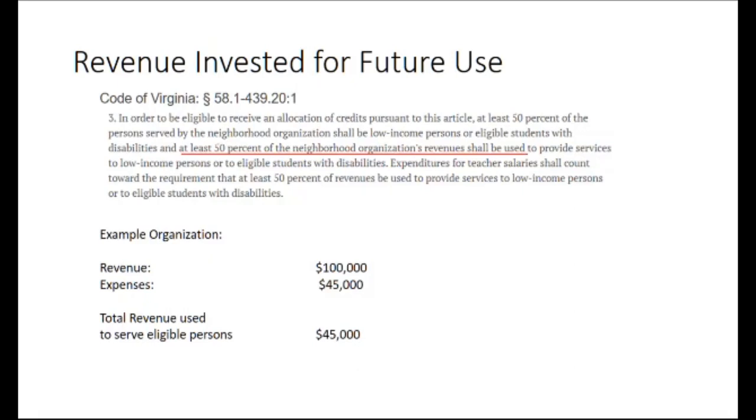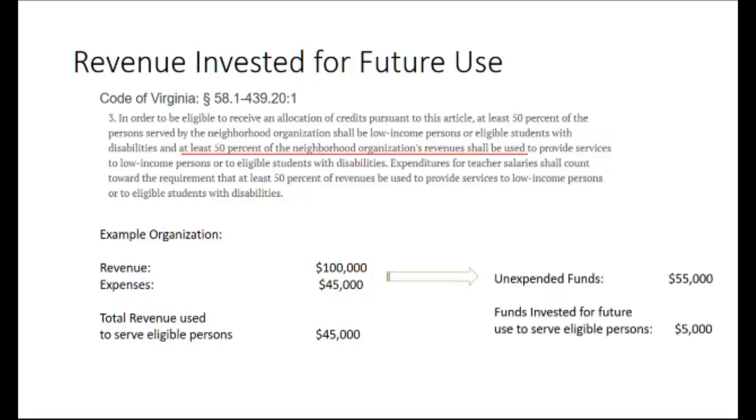So in order to qualify in that situation, we would then allow you to say, well, there's $55,000 that was not used. We can say that revenue was invested or set aside for future use to serve eligible people. So what you would do is say, well, a portion of that is set aside and we're going to use it next year. So that allows you to say that it was used.